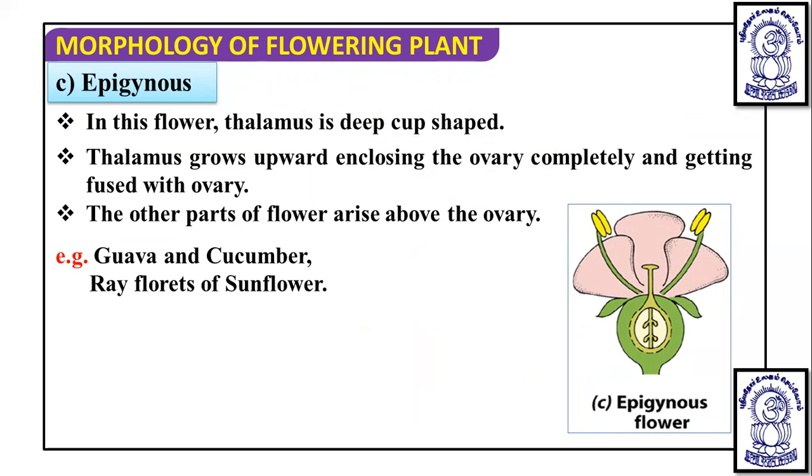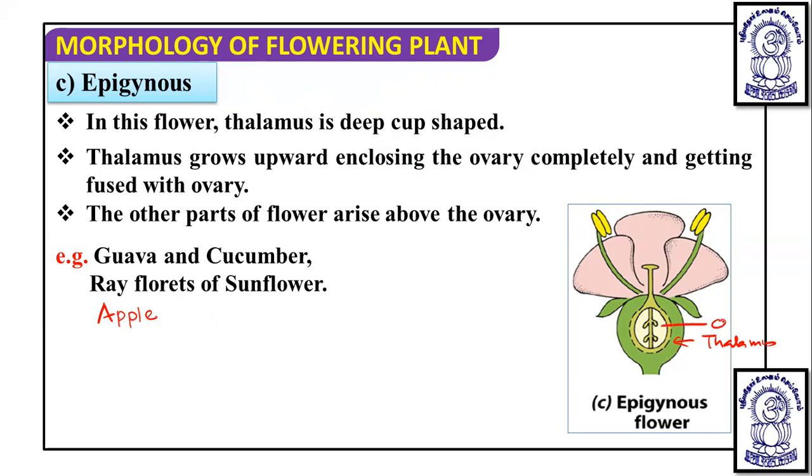Guava and cucumber and ray floret of the sunflower. In this floret also it is seen. Apple is also an example in which this is seen. Okay. Now, in epigynous flower, you can see that the thalamus is enclosing the ovary completely.